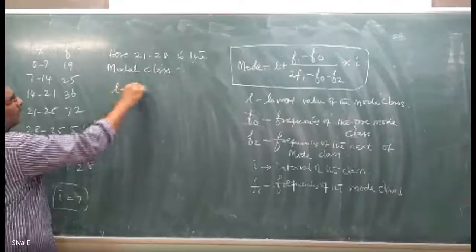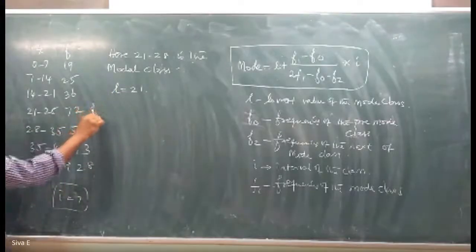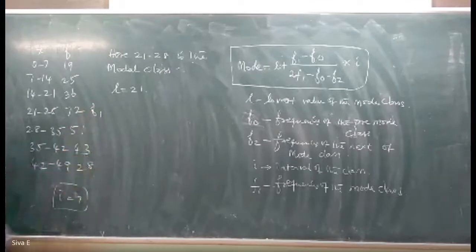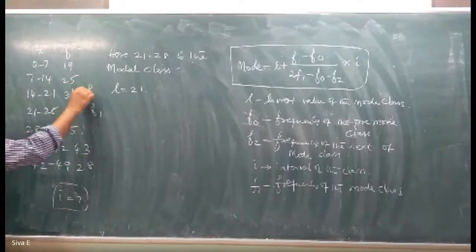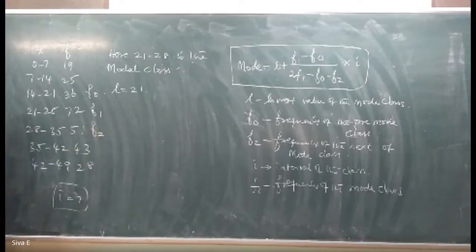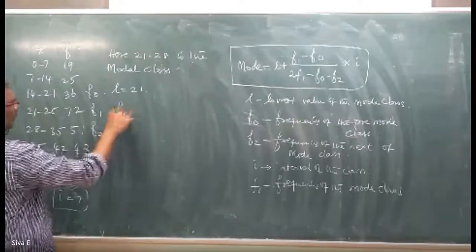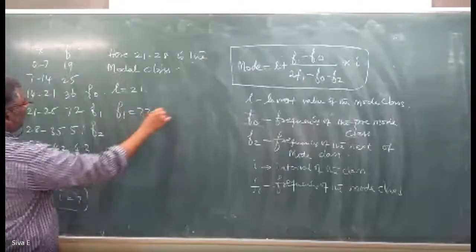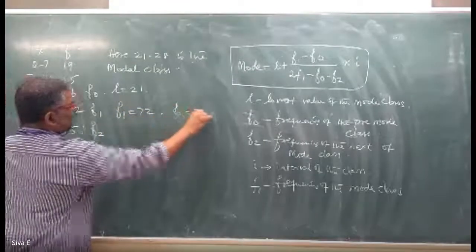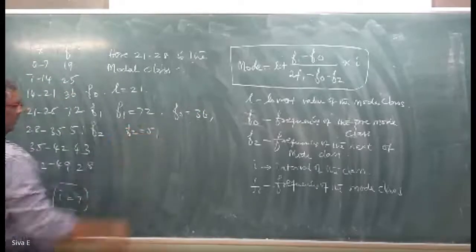So L equals 21. Then F1 is 72, F0 is 36 and F2 is 51.